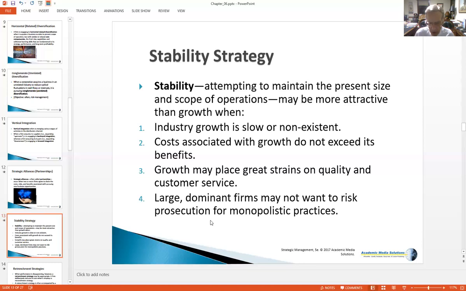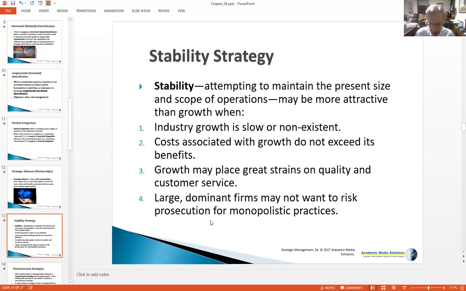Or the costs of growth don't exceed the benefits. I'm not sure that maybe we've got it backwards here. Maybe the benefits of growth don't exceed its costs. Growth may place greater strains on quality and customer service, because to grow, you've got to stretch your ability to provide after-sale service, warranty, training to your customers' personnel if need be.